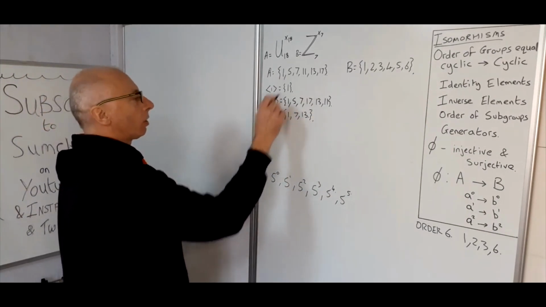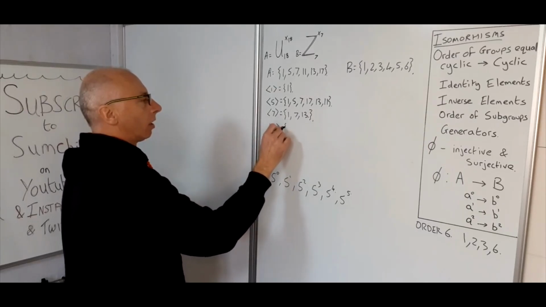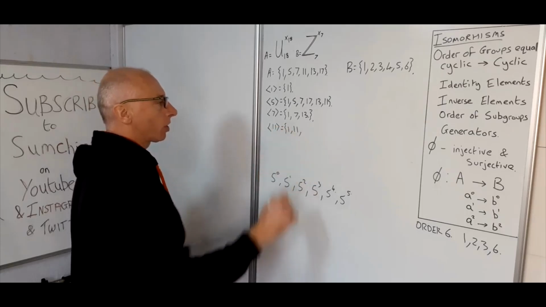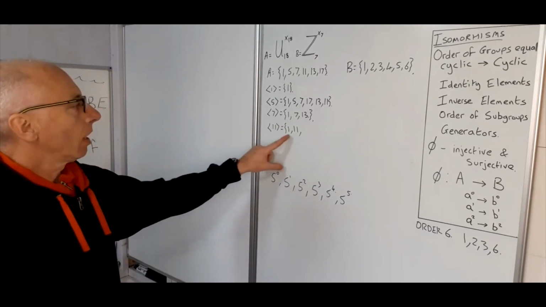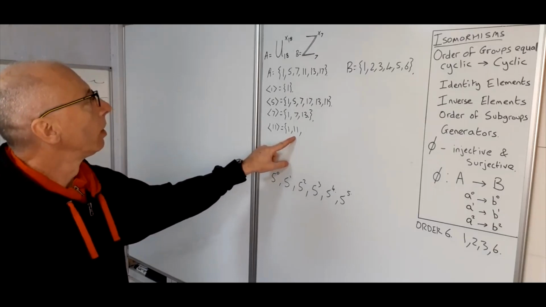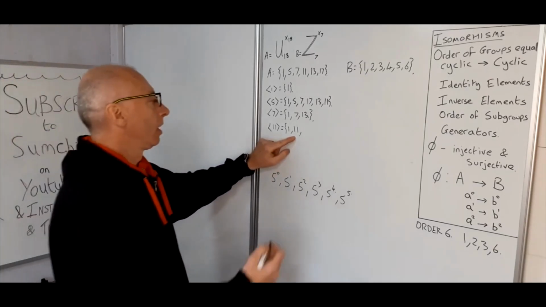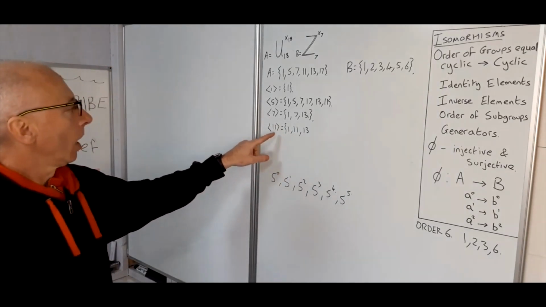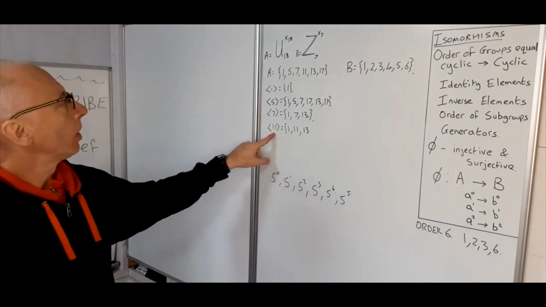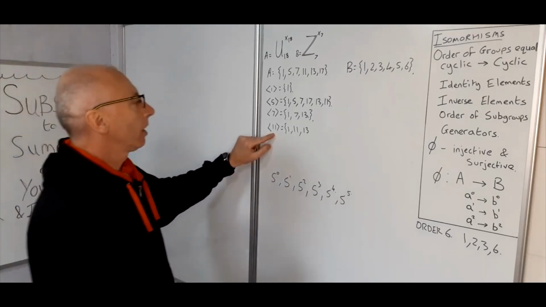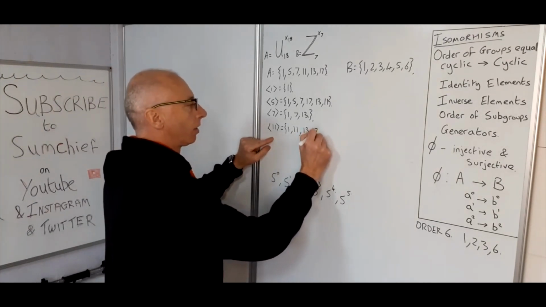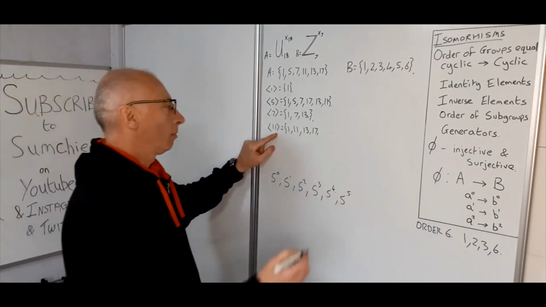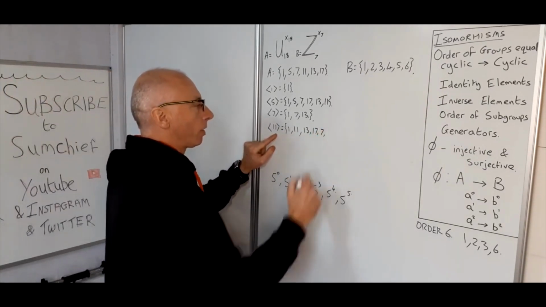So now let's have a look at number 11. Again, replace 5 with the 11 here, so we just end up with 1 and 11 to start with. 11 times 11 is 121, modulus 18, that's going to give us 13. 13 times 11 is 143, modulus 18, that's going to give us 17. 17 times 11 is 187, modulus 18, well that's just going to leave us with 7.